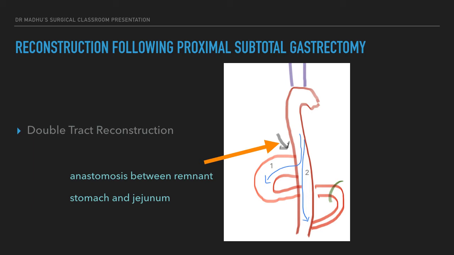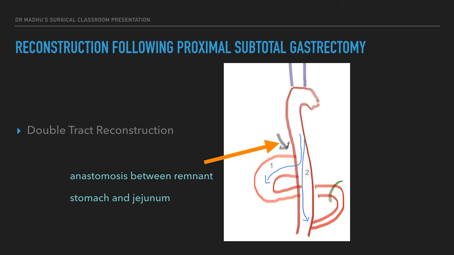And distal to that, in the same jejunal limb, the regular jejunojejunal anastomosis is performed. So basically, the food can pass through two tracts. That is the reason why it is called a double tract reconstruction. The food passing across the esophagojejunal anastomosis can go to the jejunum and then into the stomach across the jejunogastric anastomosis, and it also can travel downstream along the jejunum.